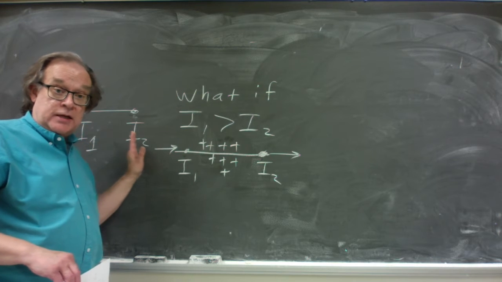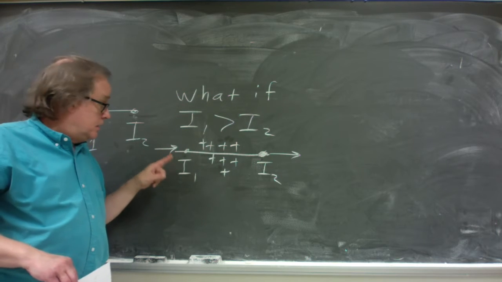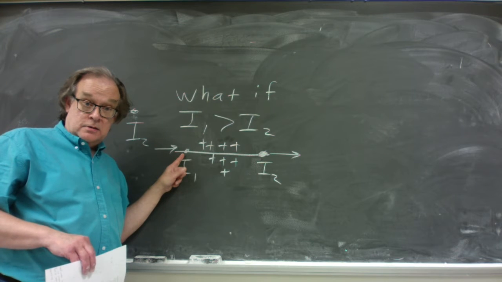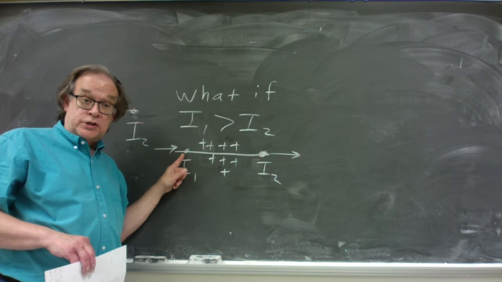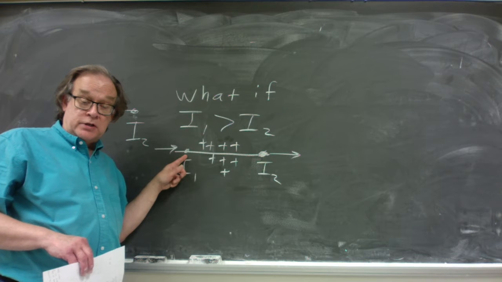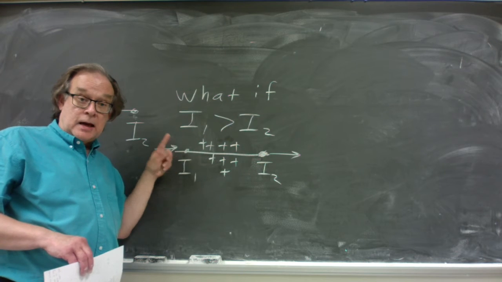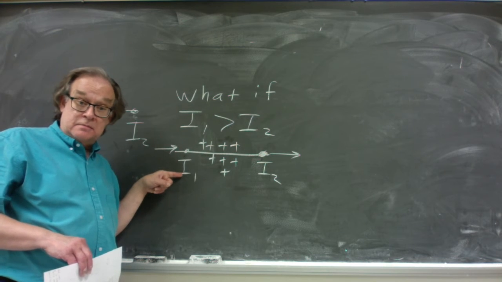And if the charges heading this way slow down, then you have fewer coulombs per second passing by this point. In other words, I1 decreases.